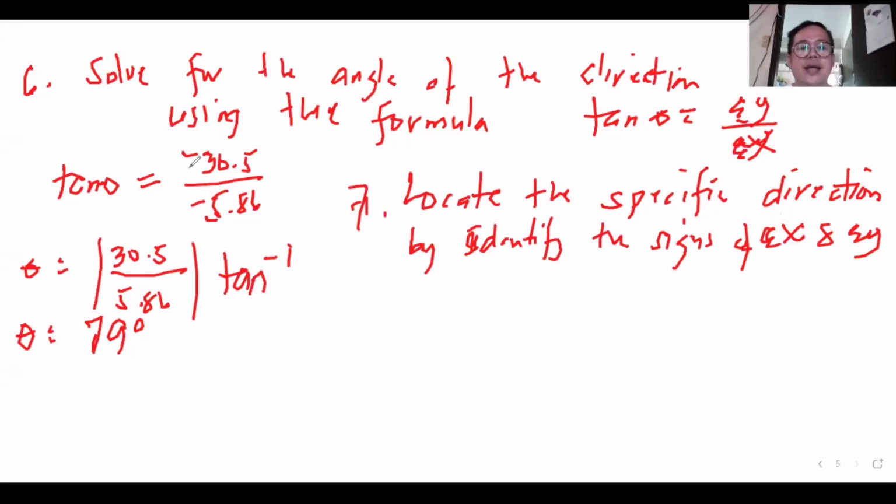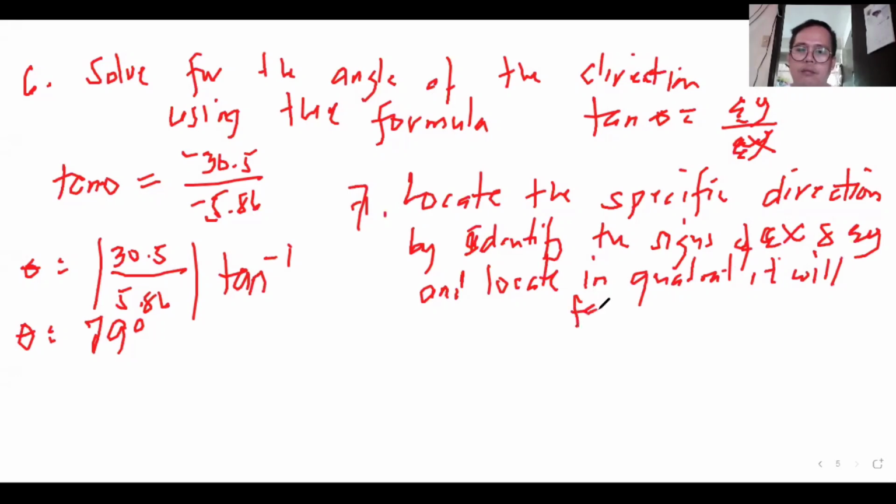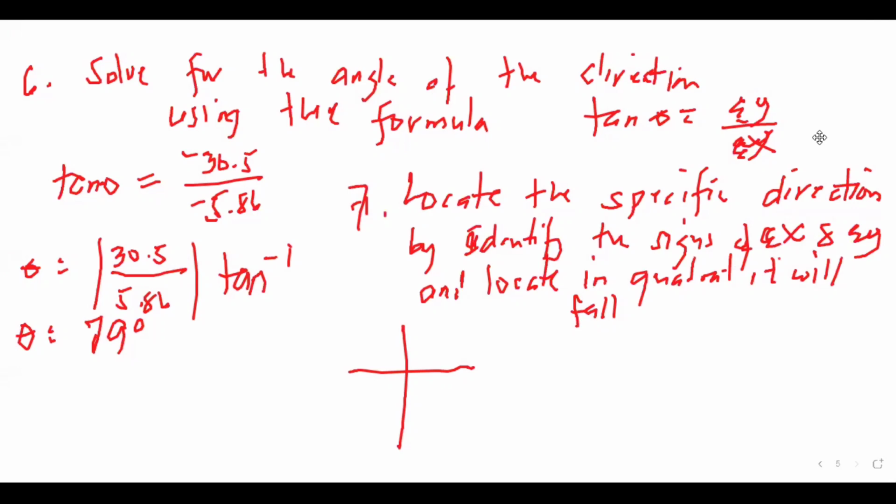So our x is negative, our y is negative. And locate in what quadrant it will fall. So what quadrant has x negative and y negative?